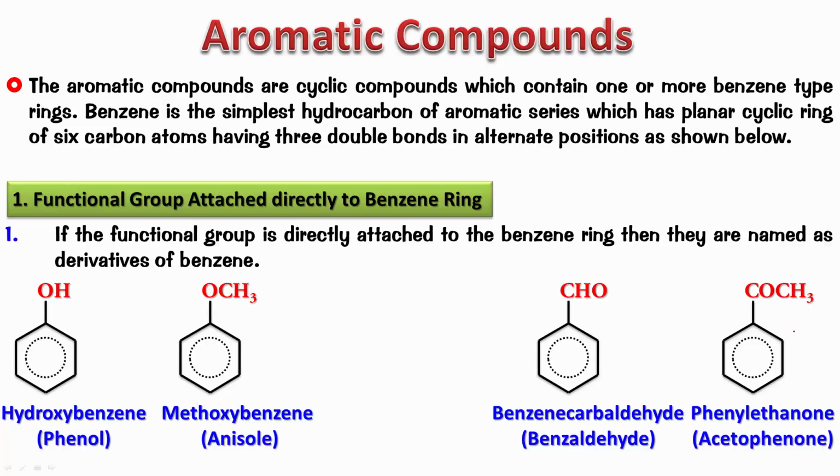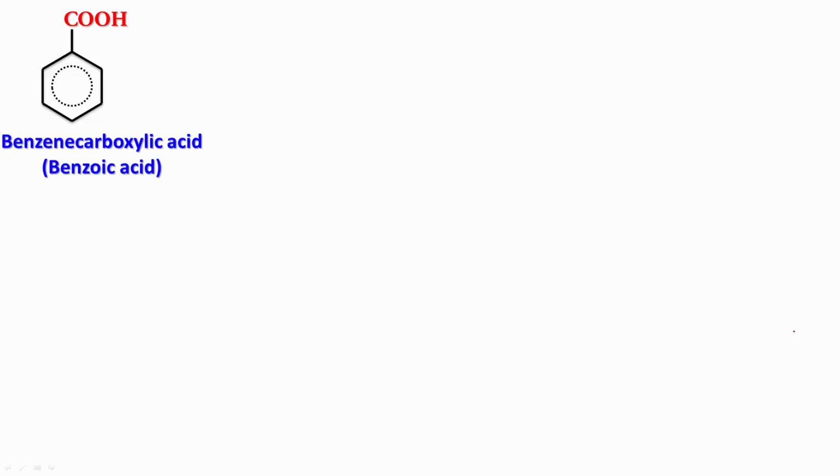Let's get some more. What would you call this one? Remember cyclic carboxylic acids? This is benzene carboxylic acid, also known as benzoic acid. Okay. Next one, try this. And remember, nitro is always a substituent. It's a nitrobenzene.